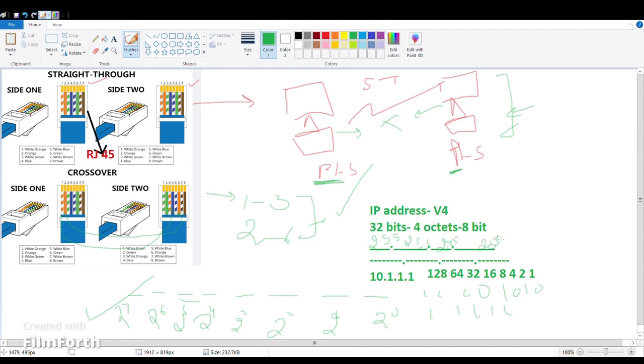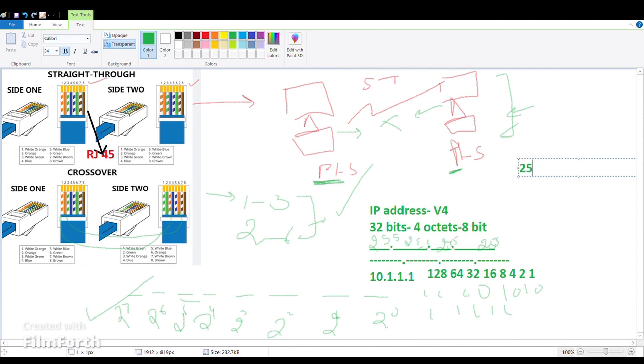So if I have 255.0.0.0, it means my first octet of 8 bits is fixed, and the rest is 0. If 2 octets are fixed, it means 16 bits are for the network ID and the remaining 16 bits are for the host ID.